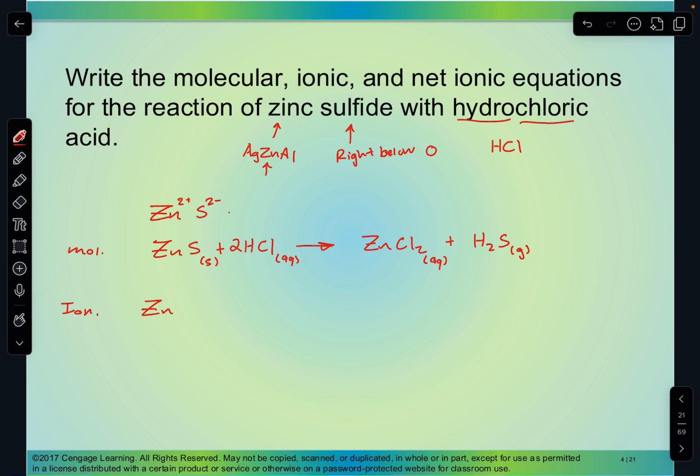So that's ZnS, solid, plus 2H plus, 2Cl minus. Both of these are aqueous.